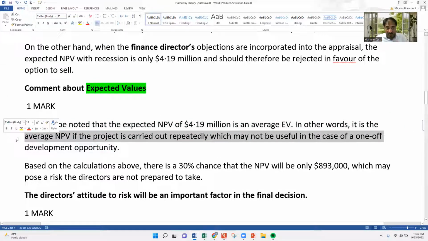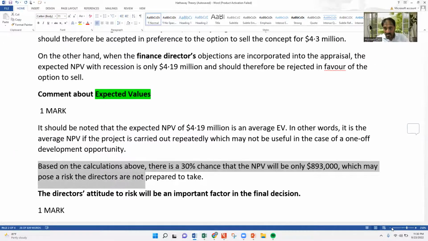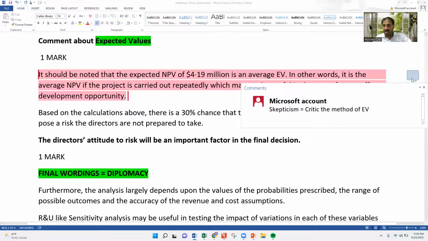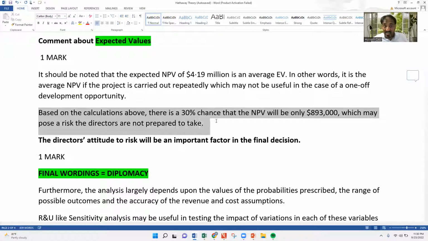Furthermore, you incorporate one more thing. Don't worry, I will provide you the document where all the comments are mentioned. Based on the calculation, there is a 30% chance the NPV will be 0.893 million, which may pose a risk the director may not be prepared to take.